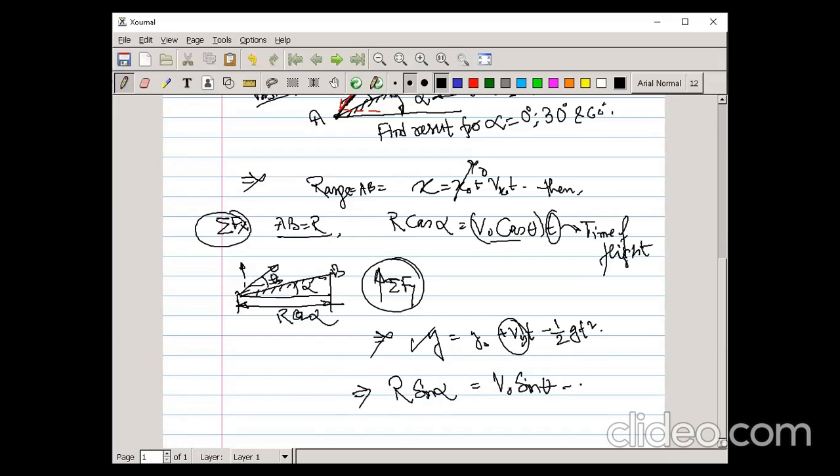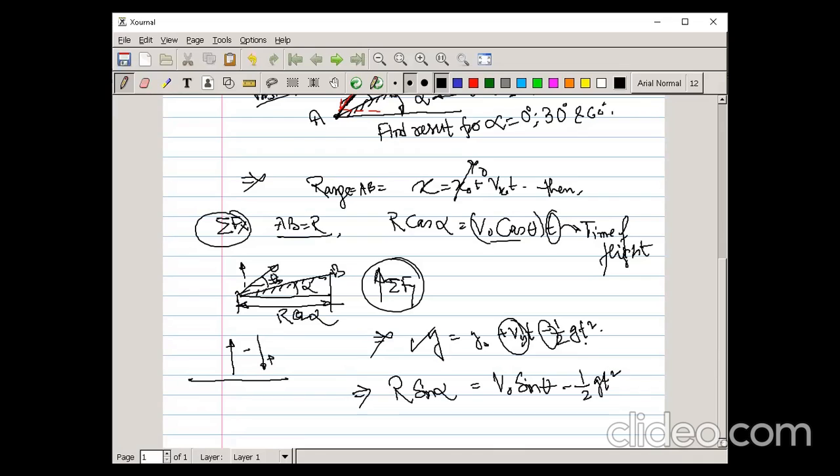And minus half of g t square. Why is it minus? Because in a parabolic problem, if anything is going upward from the ground, we use minus, and for anything that comes down to the ground, we use plus notation.